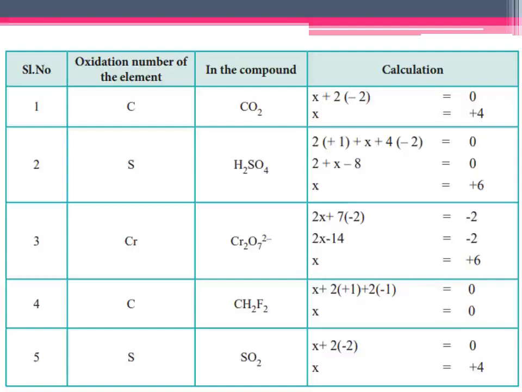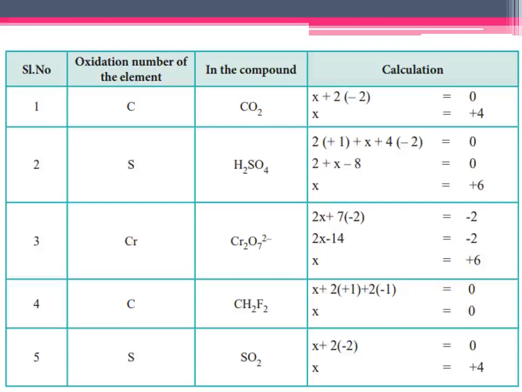Then you put X. Then plus 2 molecules of hydrogen, so 2 into, what is the hydrogen oxidation number? Plus 1. Again plus, there are 2 molecules of fluorine. There is a rule that fluorine oxidation state is minus 1. So 2 into minus 1. In the power is there any value? No. Then you have to write it 0. Then the value of x, it becomes cancelled, so the value is 0.